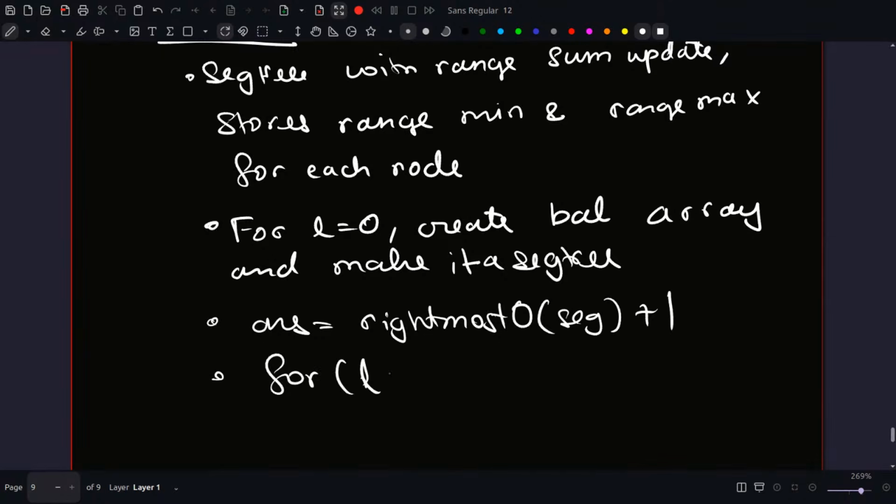Then for each L from 1 to L less than n, L plus plus, we're moving the left pointer.